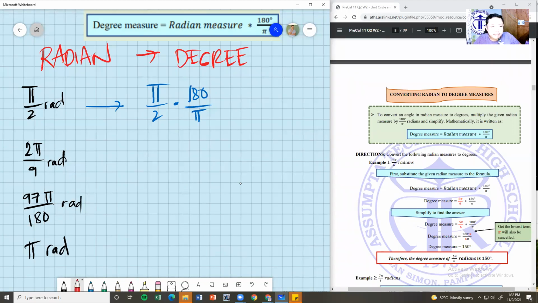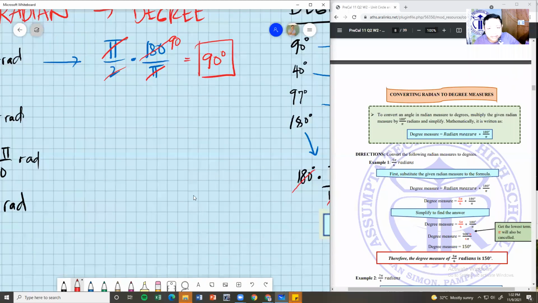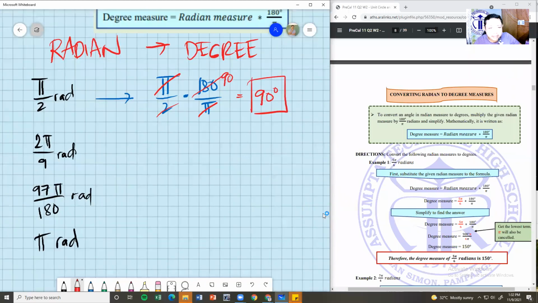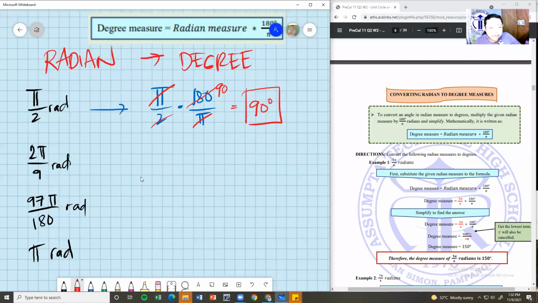So this time, this is pi over pi, that's just 1. And then 180 divided by 2, that is 90. So what's left here will be 90 degrees. Are we back to our original given? Yes, it's 90. Now, I'll give you a task to do.